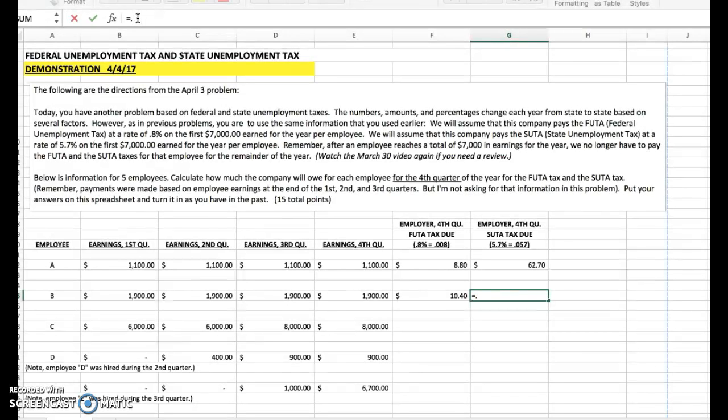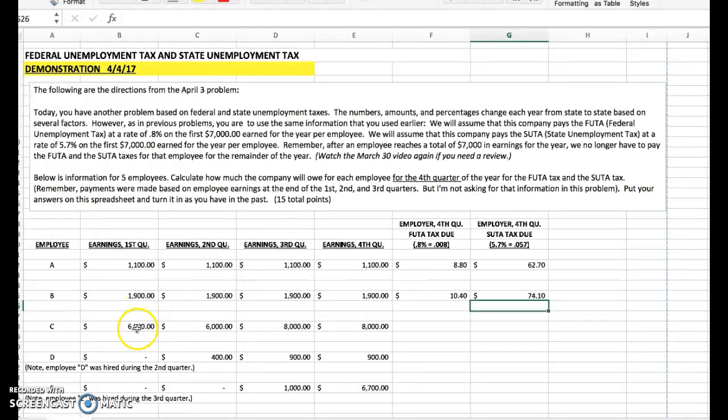Whoops, I'm sorry. 0.057 times, again, the $1,300. And that gets us to $74.10. Once again, up here is my formula that I created. It's 5.7% times 1,300, which is the amount that we need to get to the $7,000 amount. Okay?